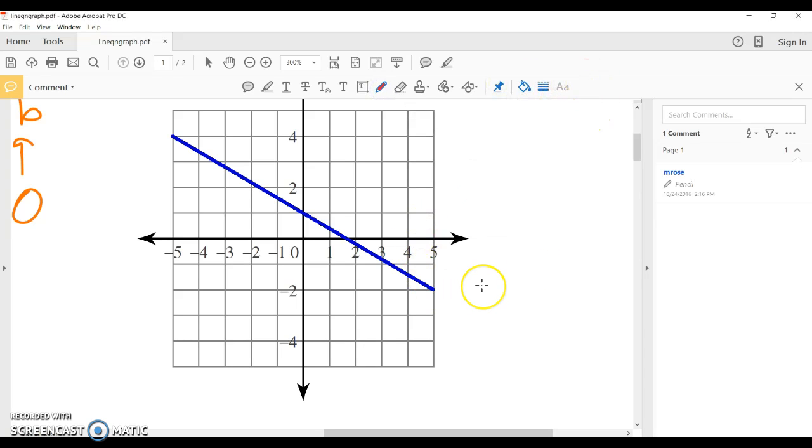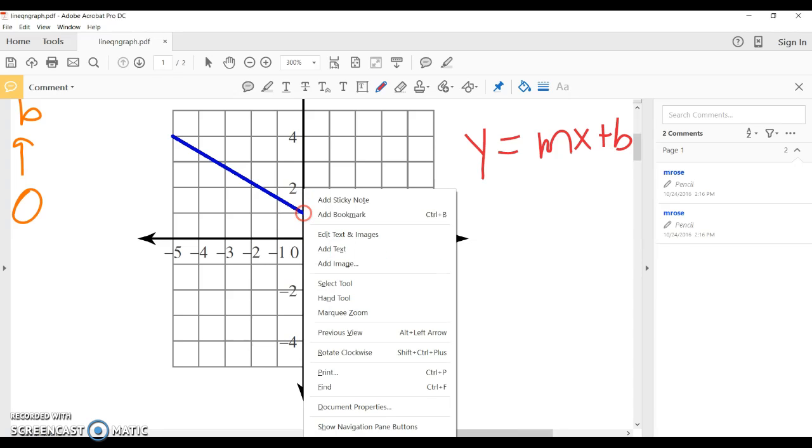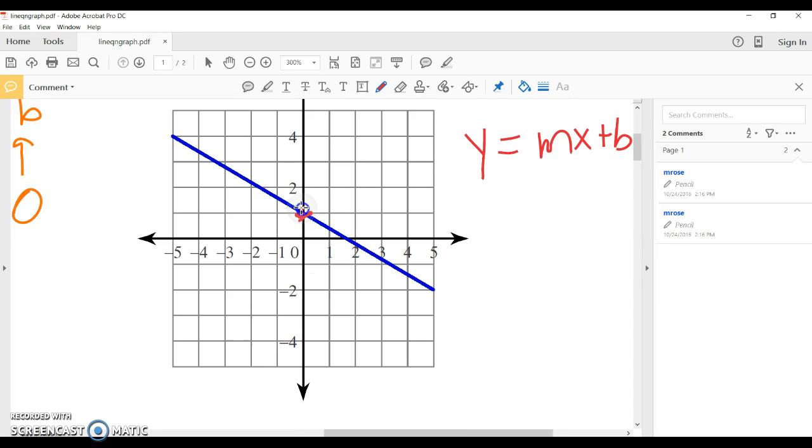Okay. So if you look at this, again, I'm going to do y equals mx plus b. And for this one, my y-intercept would be right here. So that would be at 1.